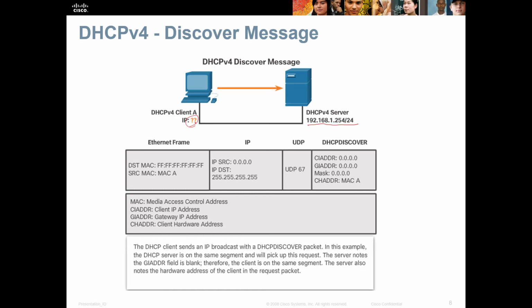But he does know his own MAC address, and he's going to do a broadcast. So that's what's happening here with the all Fs. I'm doing basically a layer 2 broadcast, and that's consistent with my source address.